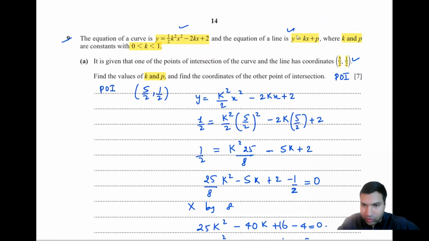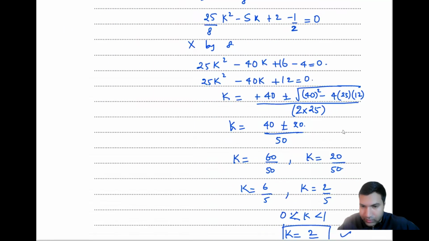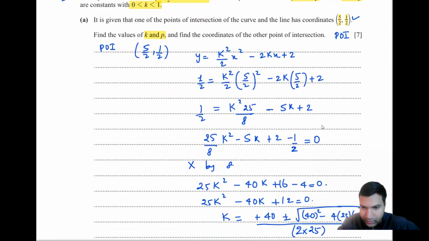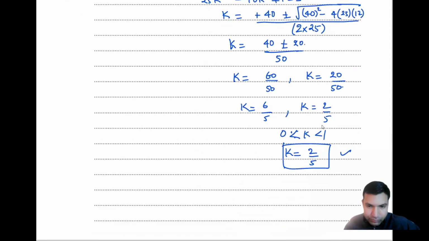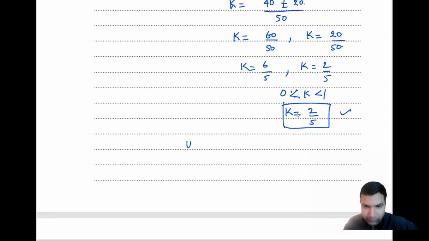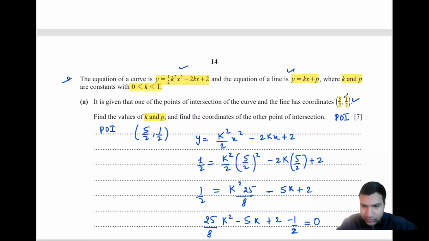Now I need to find the value of p. So I'll plug in the value of k in the equation of the line to get the value of p. We have y is equal to kx plus p, and the point we have is 5 by 2 and 1 by 2, which is a point of intersection.